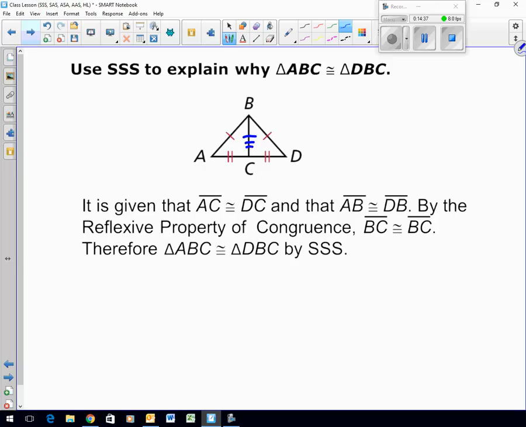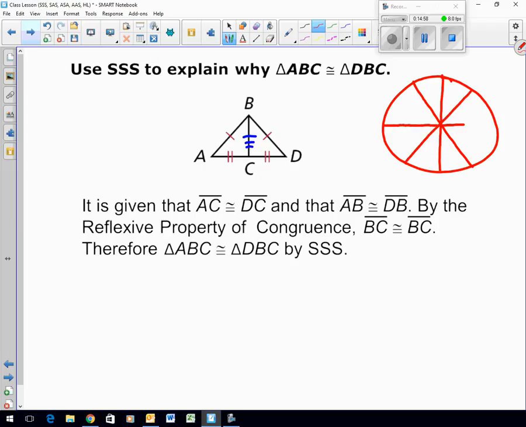Okay? I use this example in first block. Some kids are like, oh, that makes sense. Let's say you got a pizza. This is the reflexive property kind of in a nutshell. Okay?